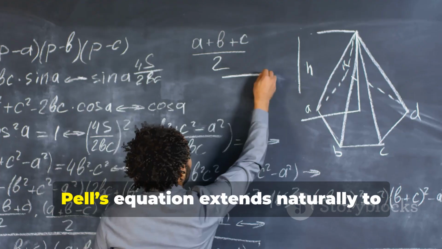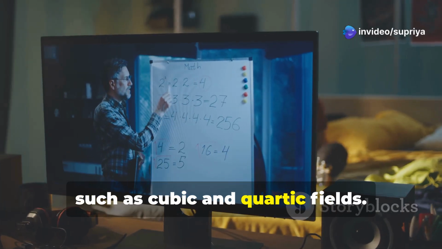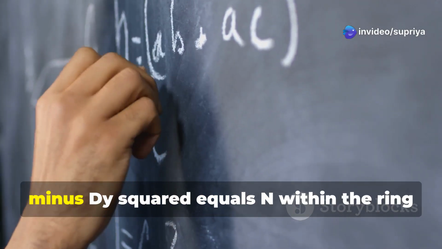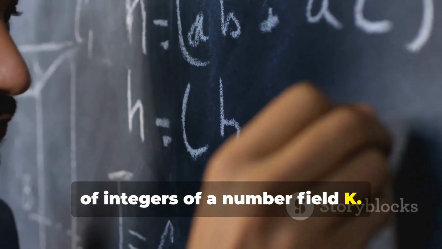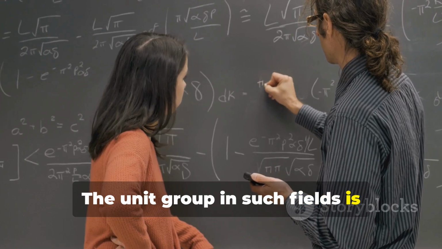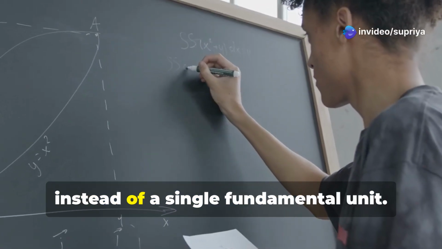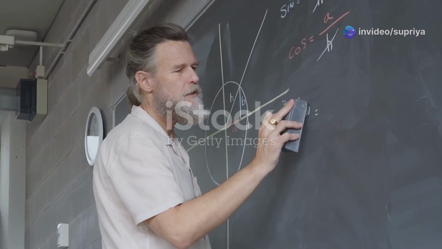Beyond quadratic fields, Pell's equation extends naturally to higher degree number fields such as cubic and quartic fields. In these cases, the equation takes the form x squared minus d y squared equals n within the ring of integers of a number field K. The unit group in such fields is significantly more complex, often containing multiple generators instead of a single fundamental unit.